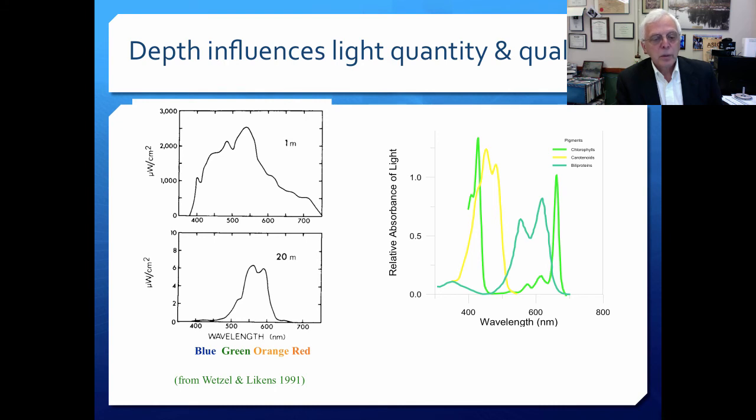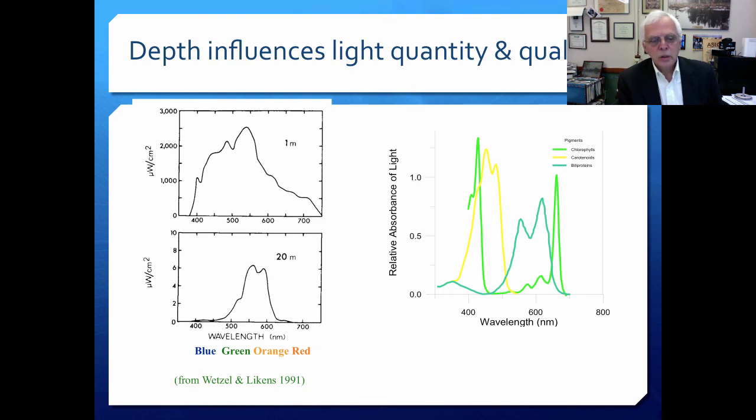Again, the blues and violets will be to the left, and the yellow, orange, and red to the right. What you can see from the y-axis is that at 1 meter depth in this lake, there's very much more radiation available than at 20 meters depth. Just a tiny fraction of it is left at 20 meters compared to 1 meter.